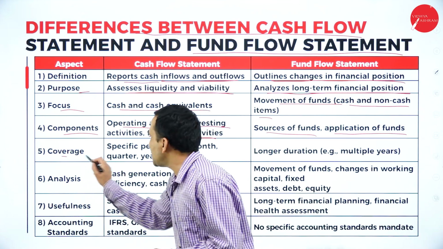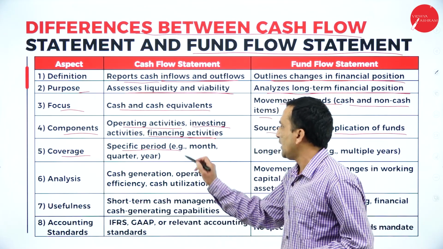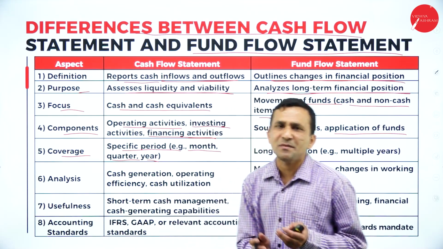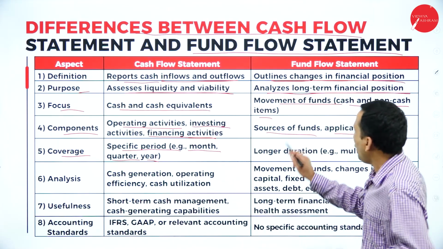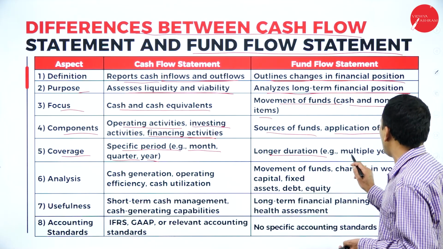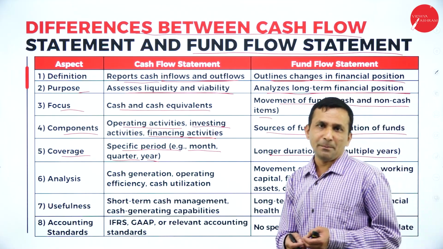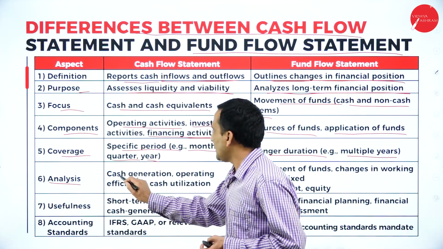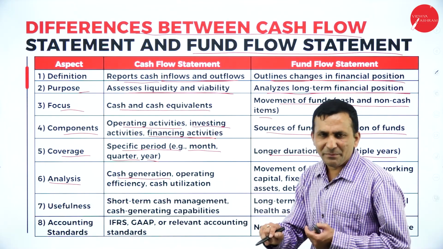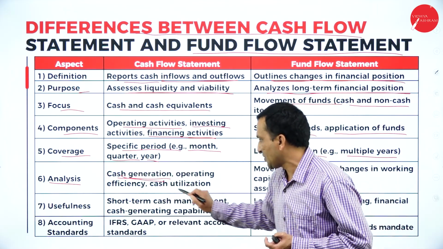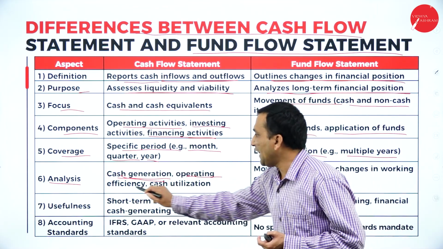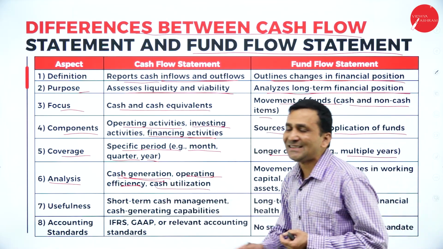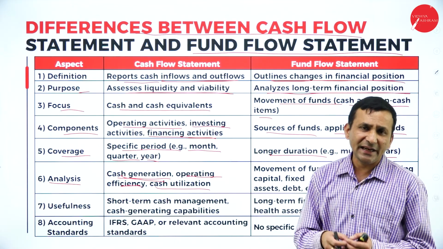Okay, now coverage: here the specific period, that means monthly, quarterly, yearly or 6 months once you can prepare. But for the fund flow statement, a longer duration or multiple years we can also prepare. So analysis: here the cash generation from the business, how much cash they generated through operating efficiency they can also check here. And the cash utilization, how properly they utilize it.